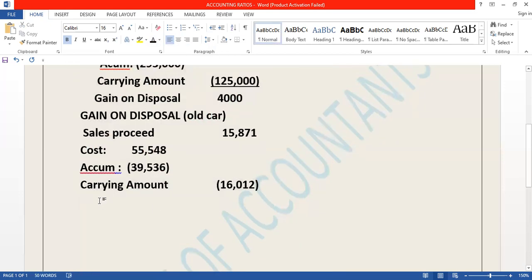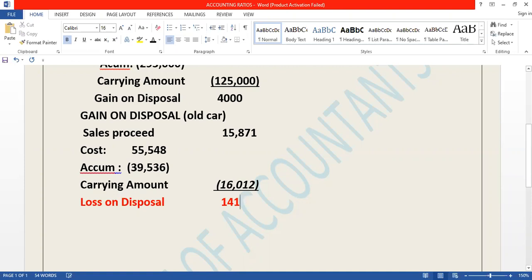Okay, so we say loss on disposal. How much? What's the difference? 141. Is that what you get? 141.